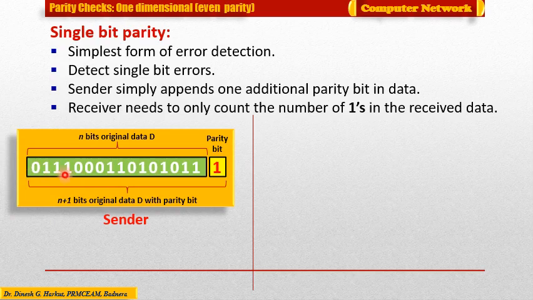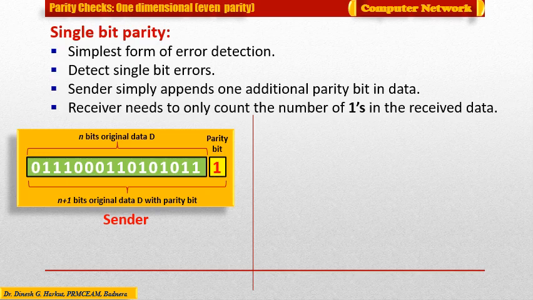Here these are the n bits which constitute the original data D. In an even parity scheme, the sender simply includes one additional bit and chooses its value such that the total number of ones in the n plus 1 bits, the n original bits plus the one added extra bit, is even.